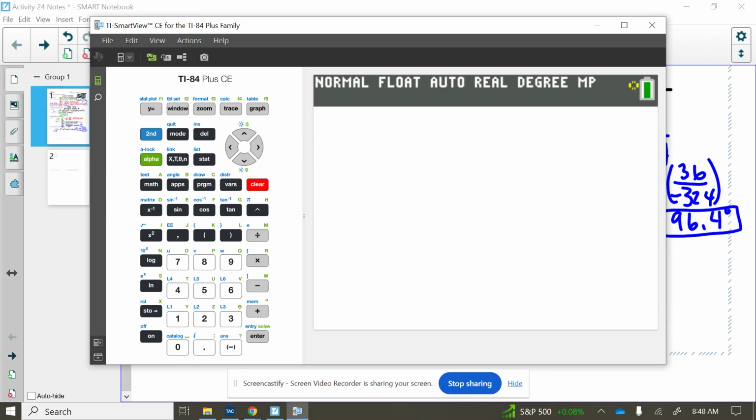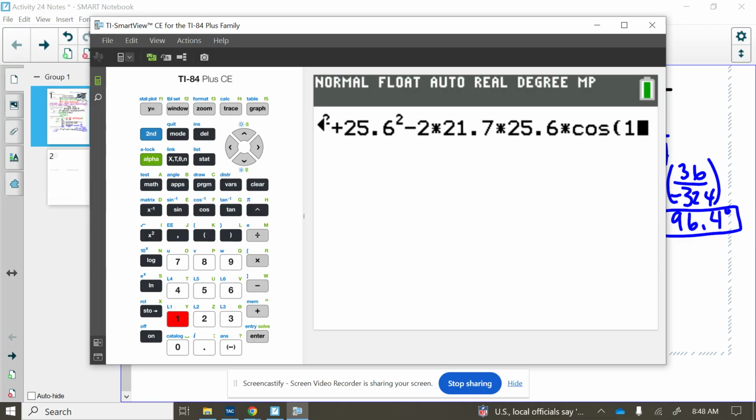So the nice thing about when we find these sides is we are able to just plug these in as is, and then minus 2 times 21.7 times 25.6. Oops, not squared. But times the cosine of 129.7.